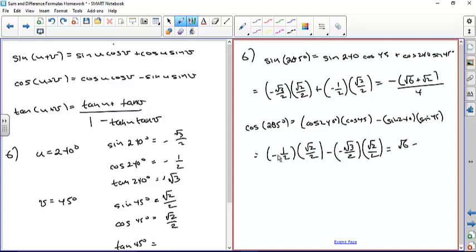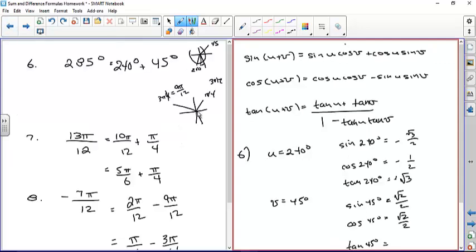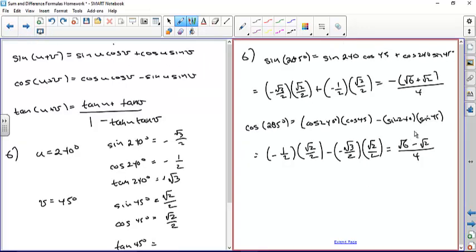Here we get a negative square root of 6 minus the square root of 2, all divided by 4. So this is a positive quantity. Again, going back to our unit circle, we're in the fourth quadrant, which means positive x, which means positive cosine, so that makes sense.